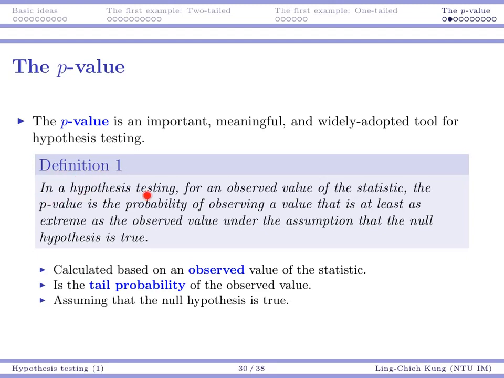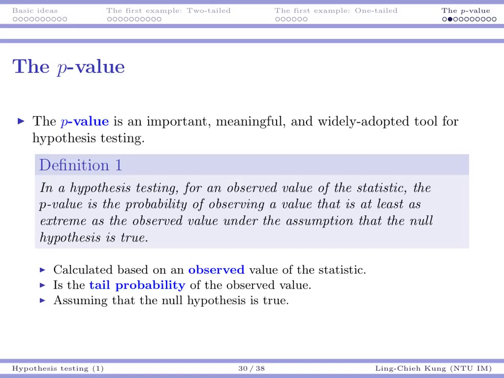In hypothesis testing, given an observed value of the statistic, for example, given the observed x bar, the observed sample mean, its p-value is defined to be the following probability. It's the probability of observing something that is even more extreme than the observed value, under the assumption that the null hypothesis is right.